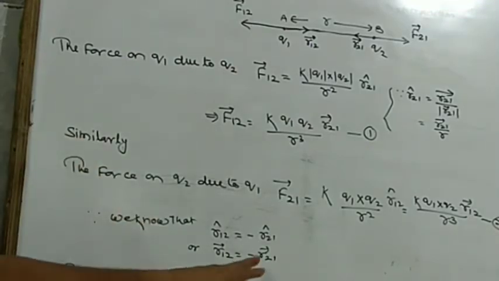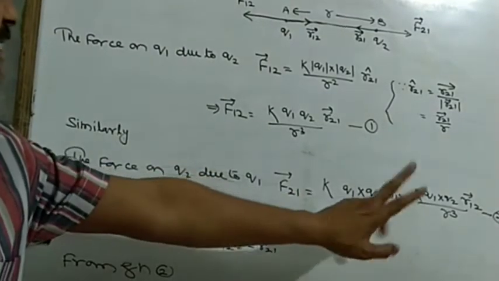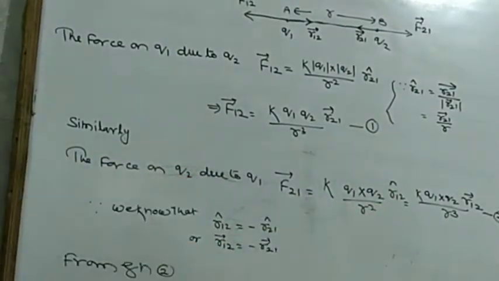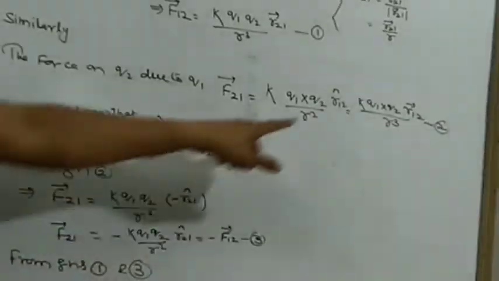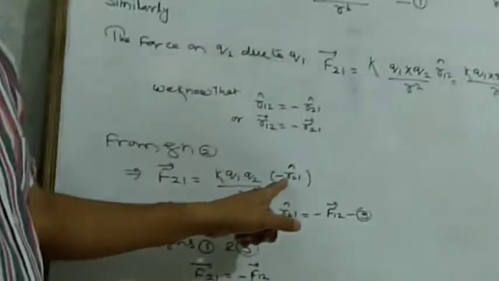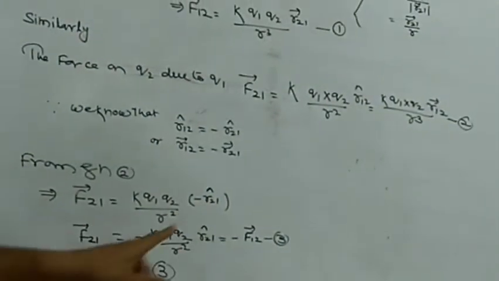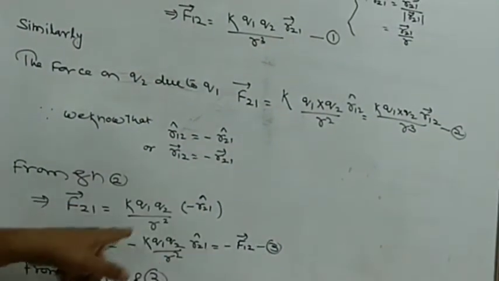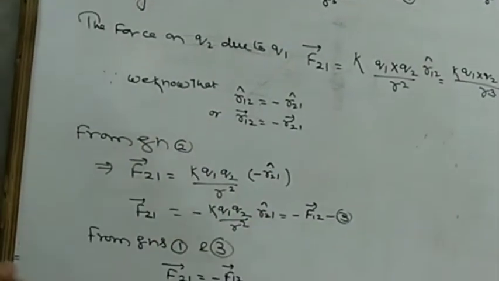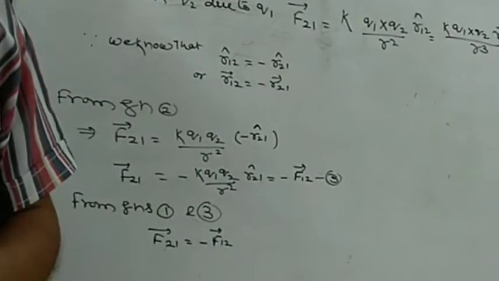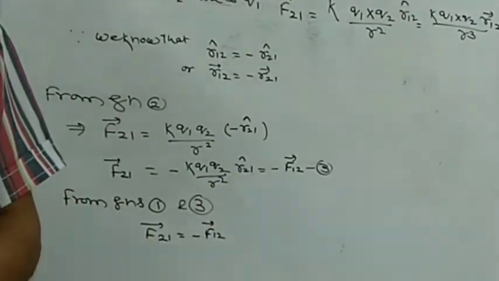So we can put this value in equation second. We can write vector F21 equals K Q1 Q2 upon R square. In place of R12 we write minus R21 cap. We can take this minus sign outside and we can write this is equal to this. It means both the forces are equal in magnitude and opposite in direction.